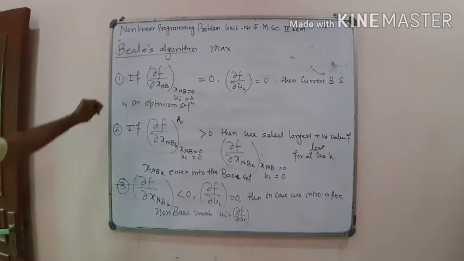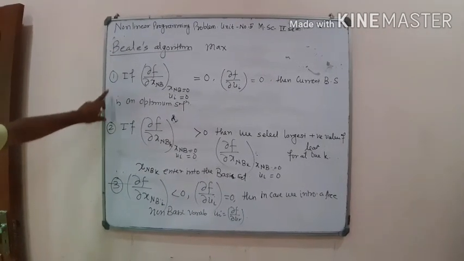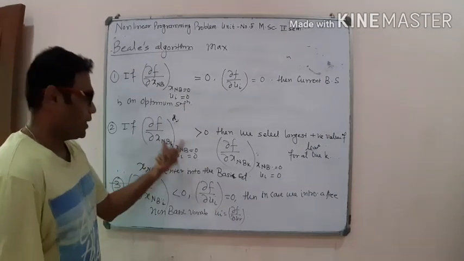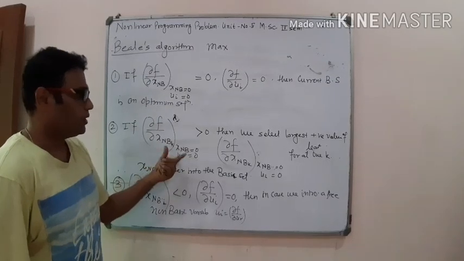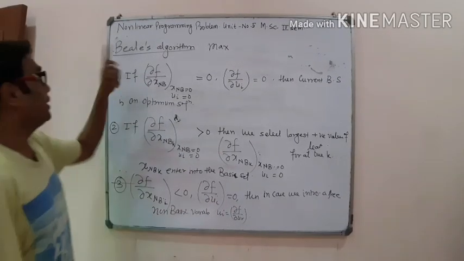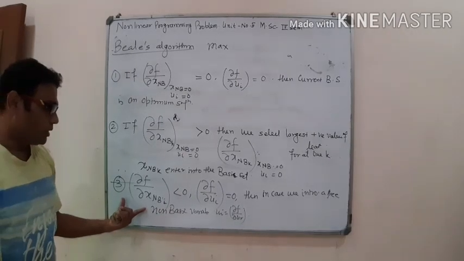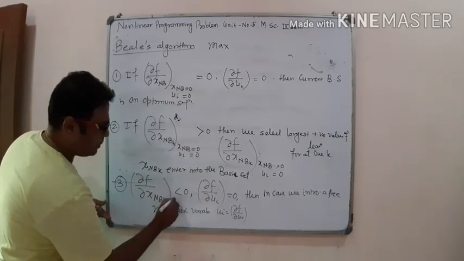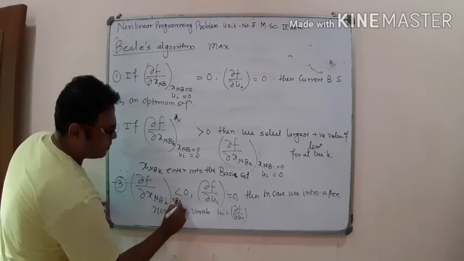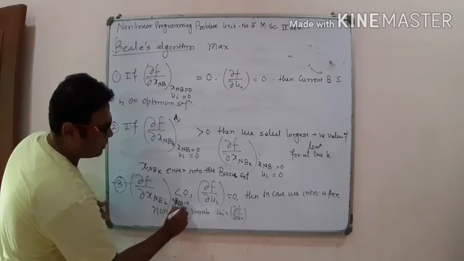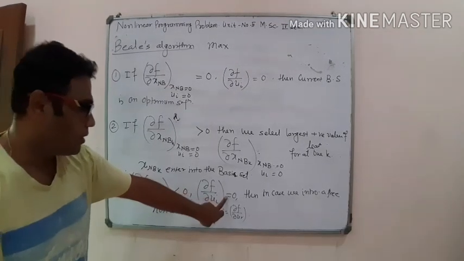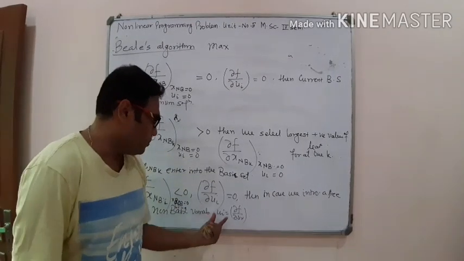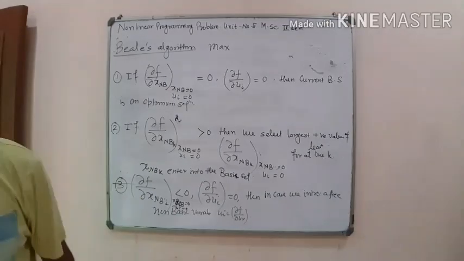These are the three conditions. Condition 1 provides an optimality condition. Condition 2 tells which variable enters the basic set and which one is removed. The removal case will be discussed in the next step. Condition number 3 says that if this partial derivative at xNB equal to 0 and ui equal to 0 is less than 0, under the same condition, then we introduce a free variable ui equal to del f by del ur.